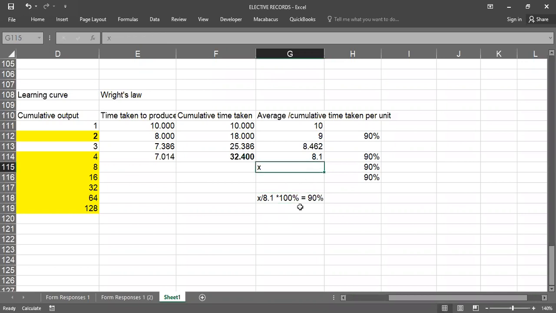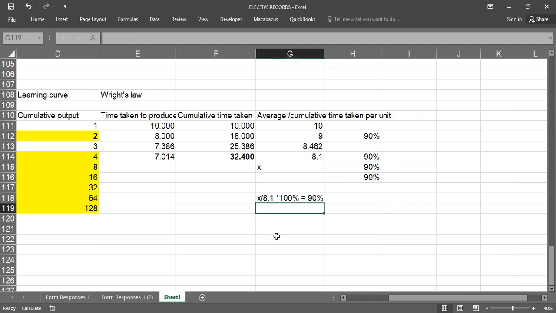This X here, that's what I've been doing. But for me to get this 90 here, I got 8.1 divided by 9 to get this one. So meaning that for this X to get this 90, I'm going to get the X divided by 8.1, because it's still in line, it doubles: 8 doubles 4. So it is X divided by 8.1 times 100%, it should give me this 90.